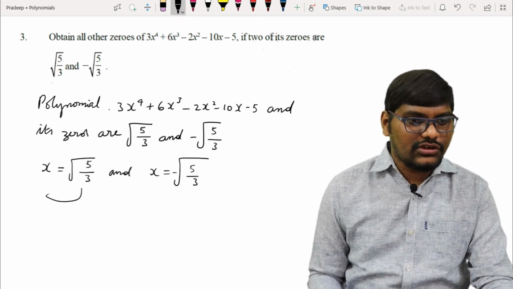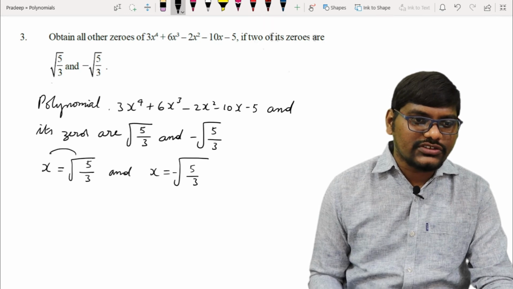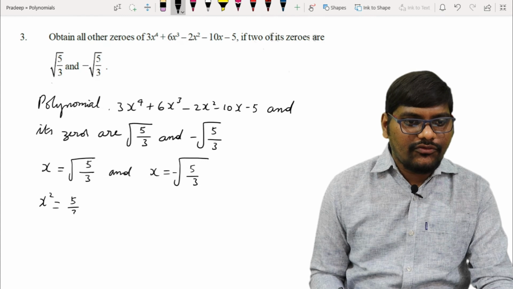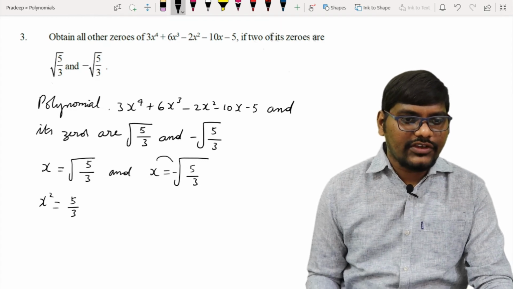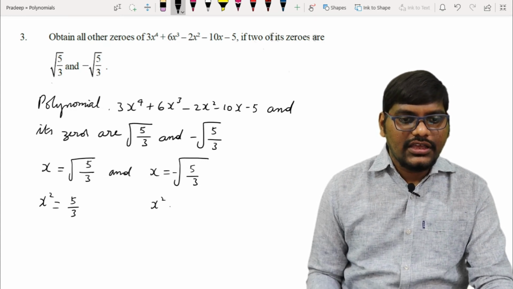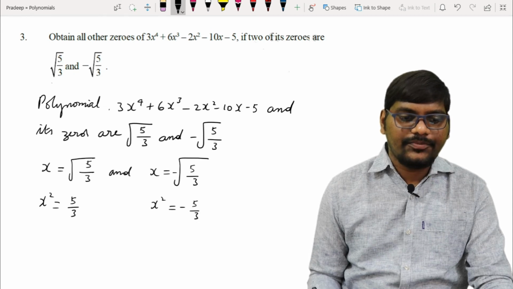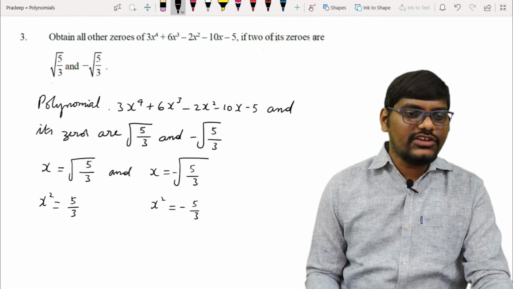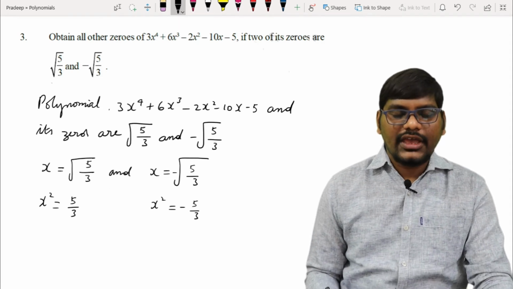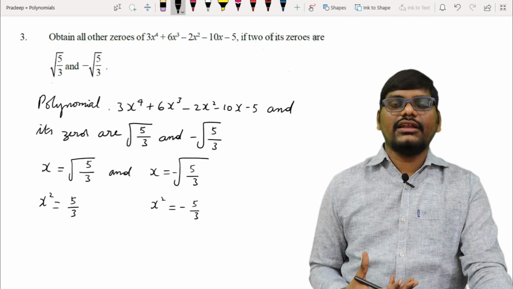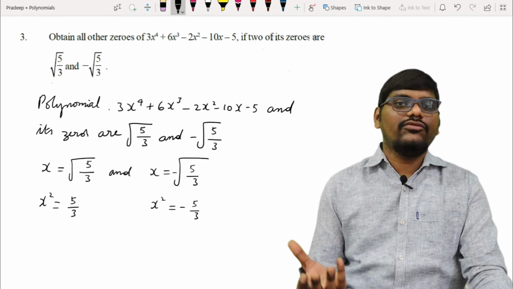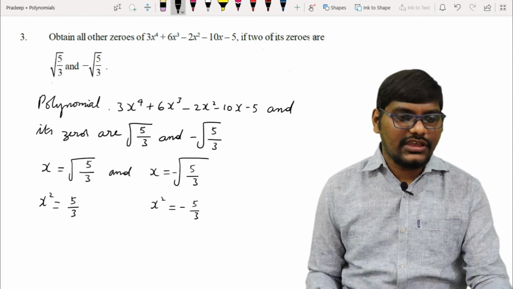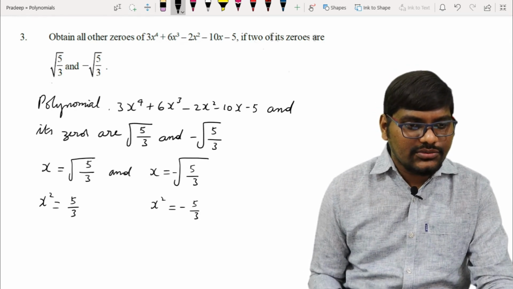If I send this root to the other side, it becomes x square equal to 5 by 3. Similarly, x square equal to minus 5 by 3. So these are the factors we could observe, but we'll take both of them together, as before solving any equation. Let me show how the equation looks if we merge them.